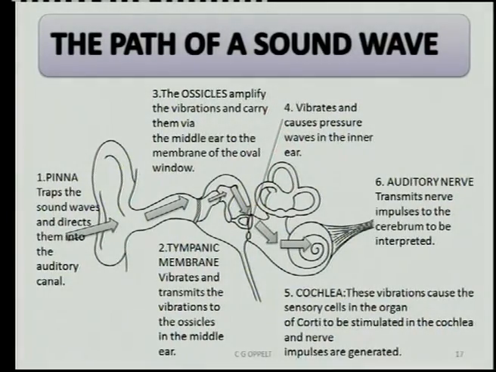Maybe just a suggestion for them is to draw a flow chart of that path of sound waves from the moment it hits the pinna until the sensation of hearing. And you can get a picture like this, and the one on the slide, where they can ask you different parts and the function.